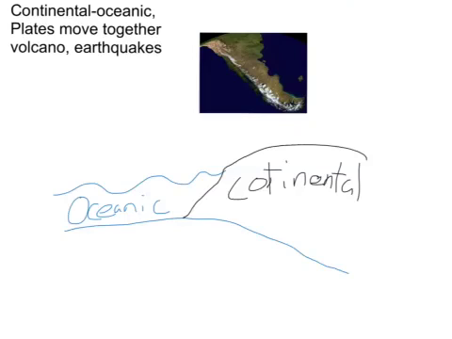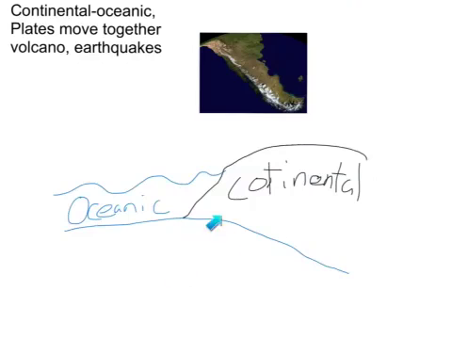Convergent boundary, continental, oceanic. The plates move together, of course. And for this, the oceanic plate actually goes beneath, which equals subduction. Subduction happens because the older one right here is heavier than this one here. All of this has to do with density. This one right here is older than this one, so the older one sinks below the other one.